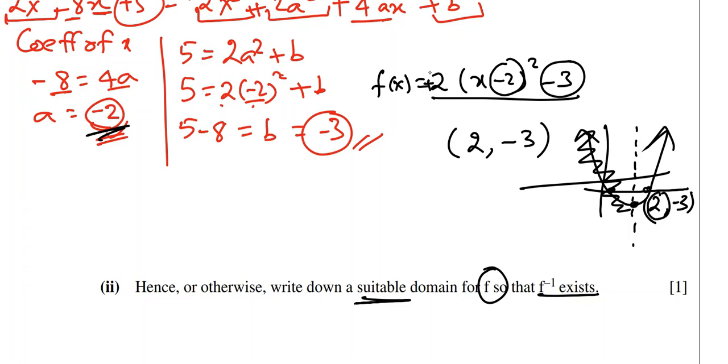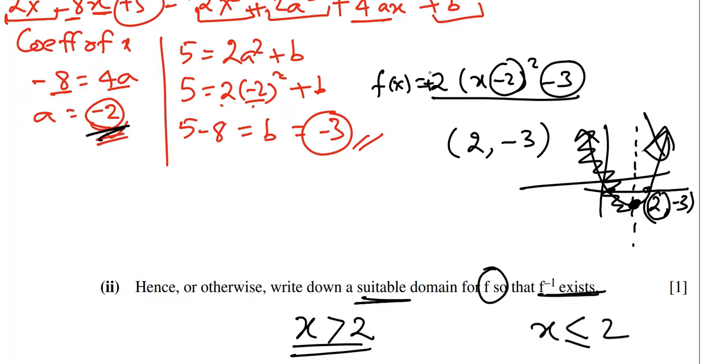This x coordinate is 2 at this vertex. So x is greater than 2, and this becomes the domain for which the f inverse exists. If you erase this part, then it will be x is less than or equal to 2. I should have put equal here as well. So x is less than or equal to 2 is also a correct answer. Both of them should be acceptable. It depends on which part you are erasing.